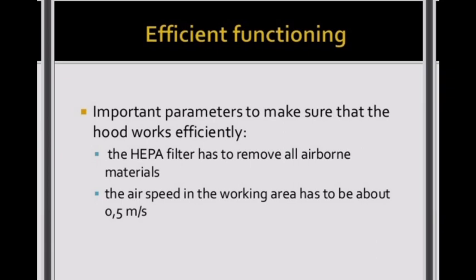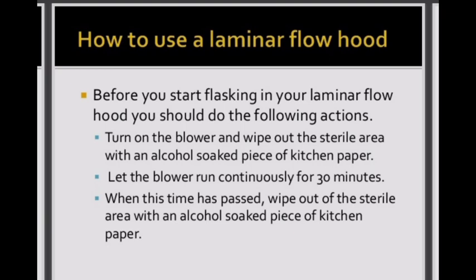Before starting our work, we always have to check the important parameters to make sure that the hood works efficiently. The number one parameter is the HEPA filter, which has to remove all the airborne materials, and next the airspeed, which in the working area has to be about 0.5 meter per second. Besides that, make sure your UV lamp is also working properly.